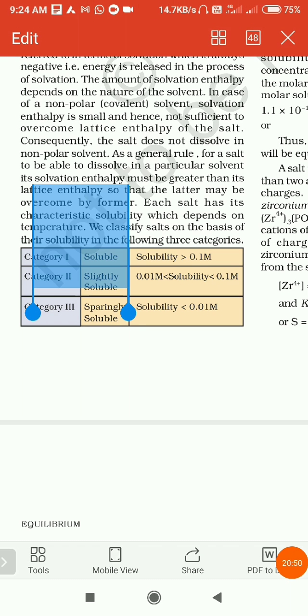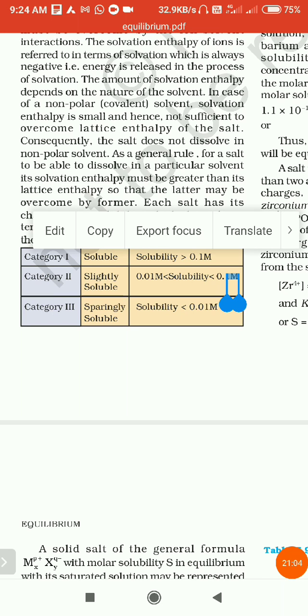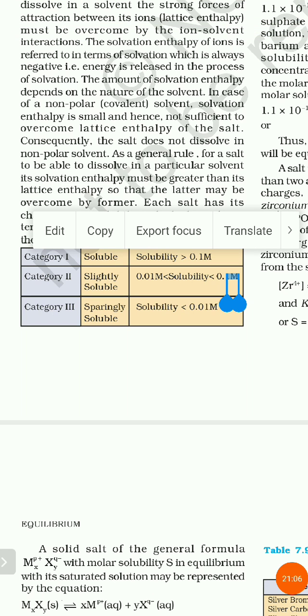Next, the second category: the solubility value is less than 0.1, which means slightly soluble. That means the concentration of salt is less than 0.1, so those salts are slightly soluble.